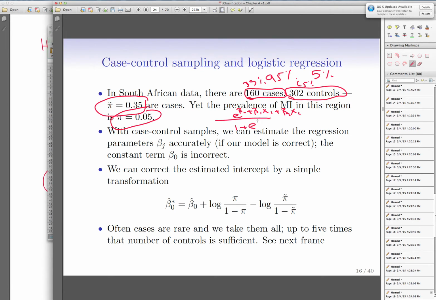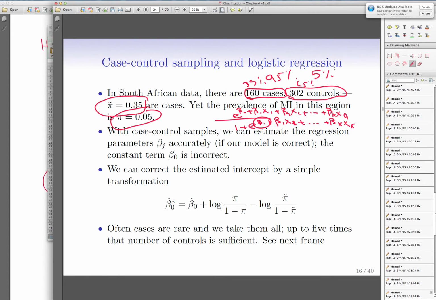The good news is beta 1, beta 2, up to beta k will statistically remain the same whether you have a balanced or unbalanced data set or sample. The bad news is beta 0 will change if you don't use the correct one.